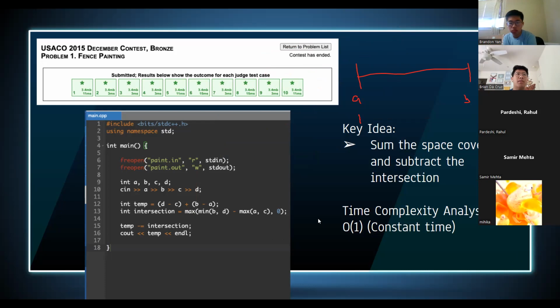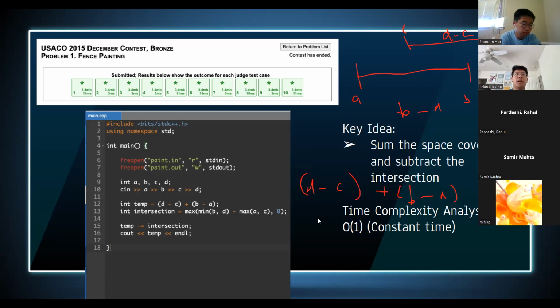Similarly, we can have something like this for the interval C and D, and the total length of this interval will be D minus C. So the total distance covered from these intervals is going to be D minus C in parentheses, plus B minus A, to get the total length covered over here and over here. And now all I have to do is subtract the intersection.